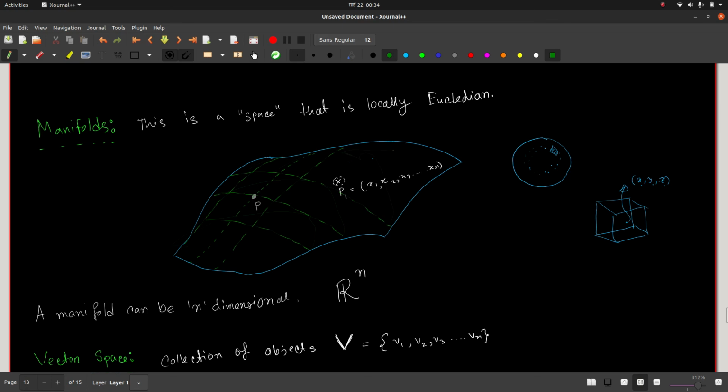So since there are some curves, from our knowledge of single variable calculus, we may be able to draw some tangents over here, right? That means we can differentiate. Obviously these curves have to be differentiable, they have to be smooth.